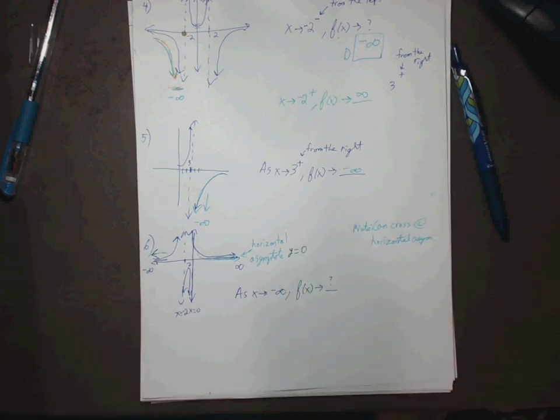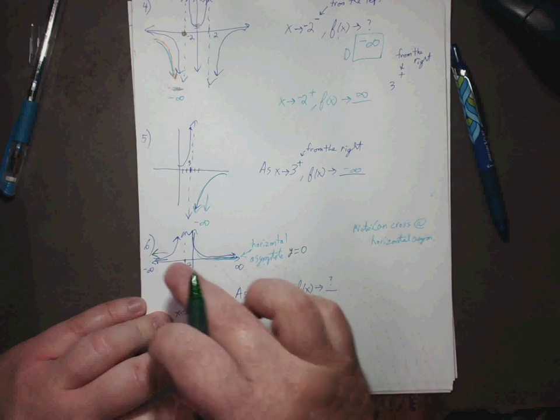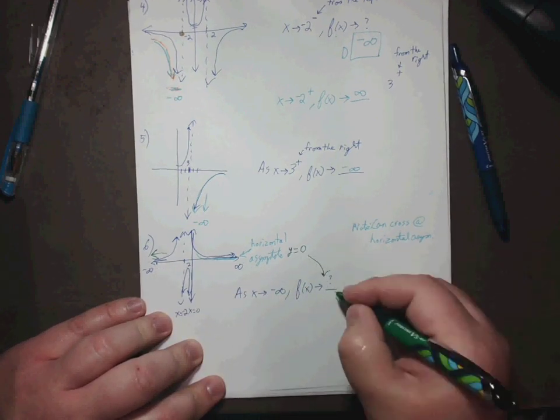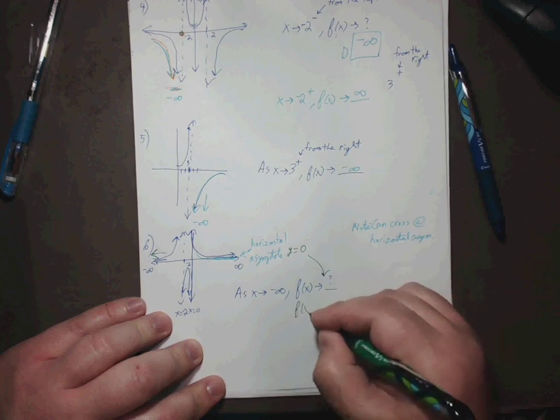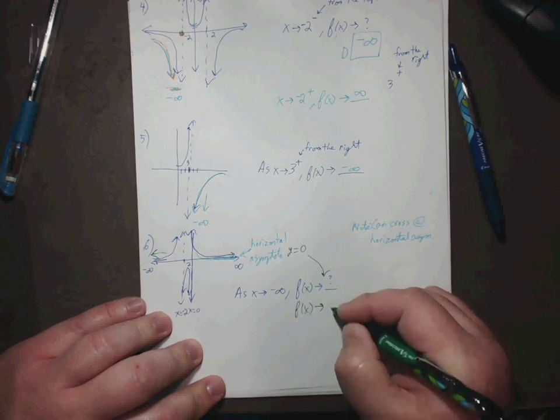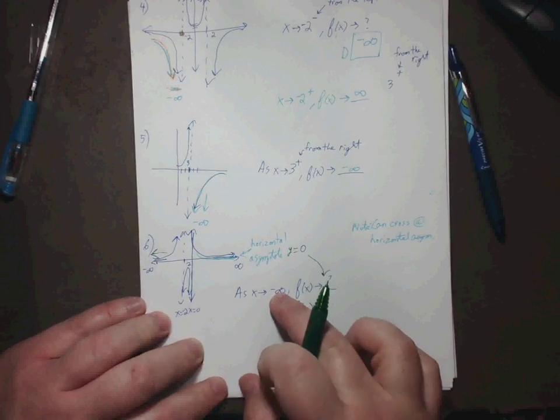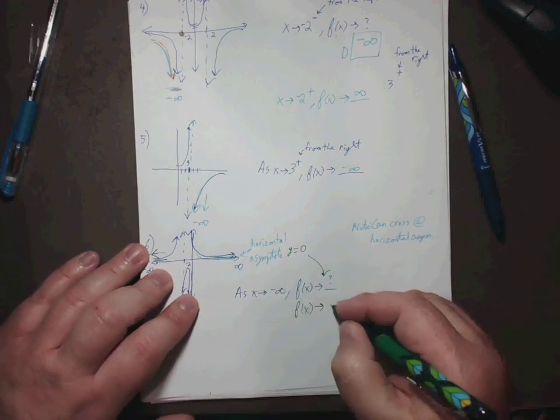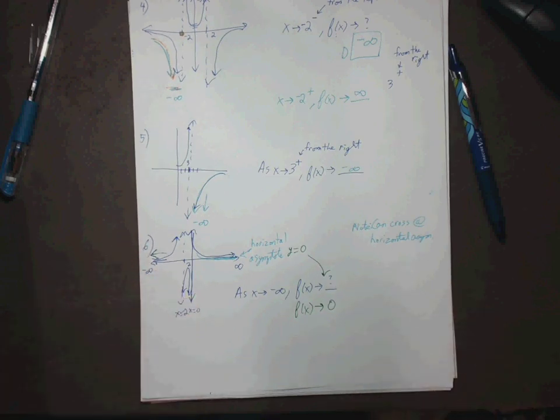That's the x-axis, y equals 0. Okay, so that's where it's approaching. So the answer is that value. If you have a horizontal asymptote and it's asking you what you approach, it's approaching that, whatever that horizontal asymptote's value is. Okay?